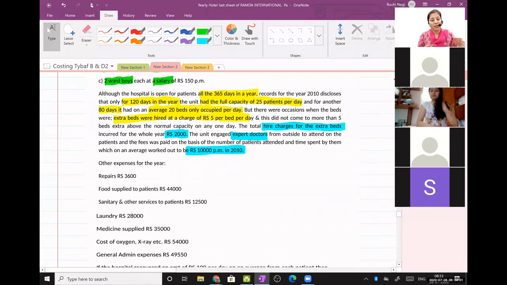The maintenance of that building, who will pay? Obviously, the one who has rented the house will pay. So repairs and maintenance is part and parcel which comes along when you rent a premise or a building. So it's a fixed cost.